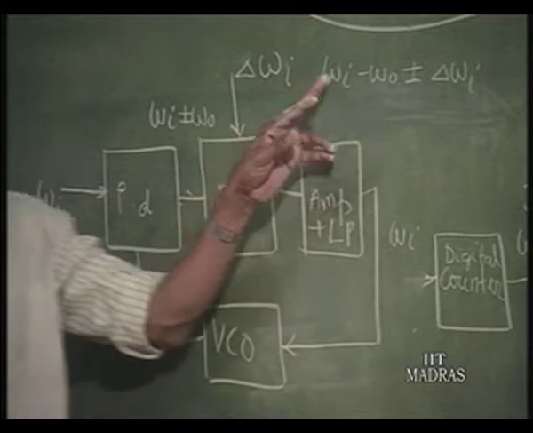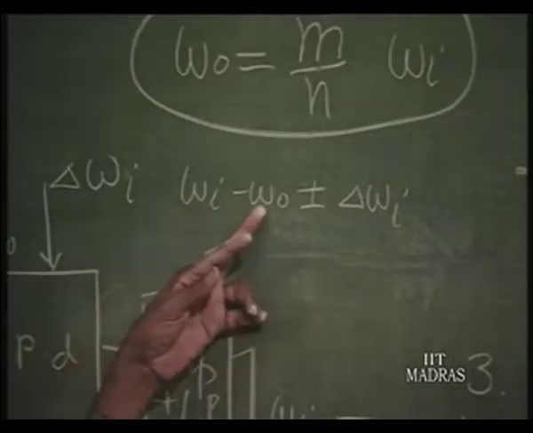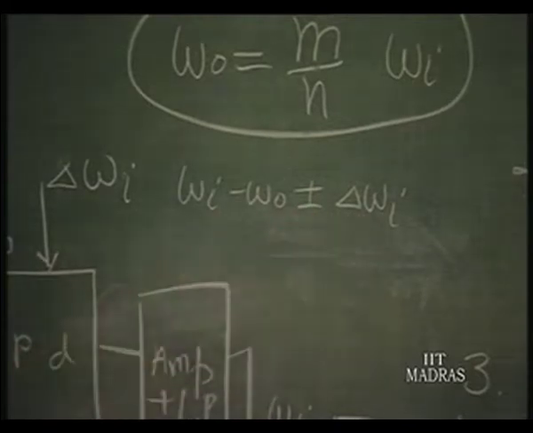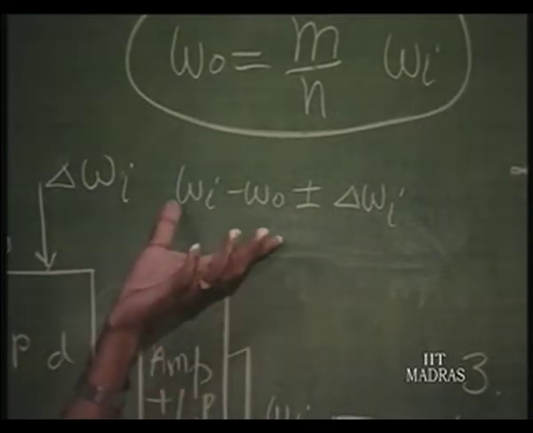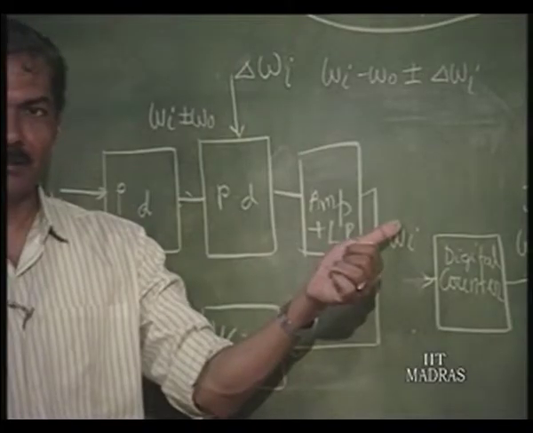One will be omega I minus omega naught plus delta omega I, another will be omega I minus omega naught minus delta omega I. Any one of these can become equal to 0 frequency, right.